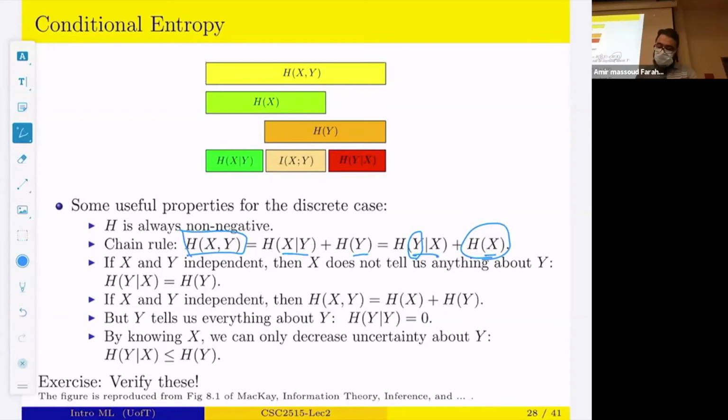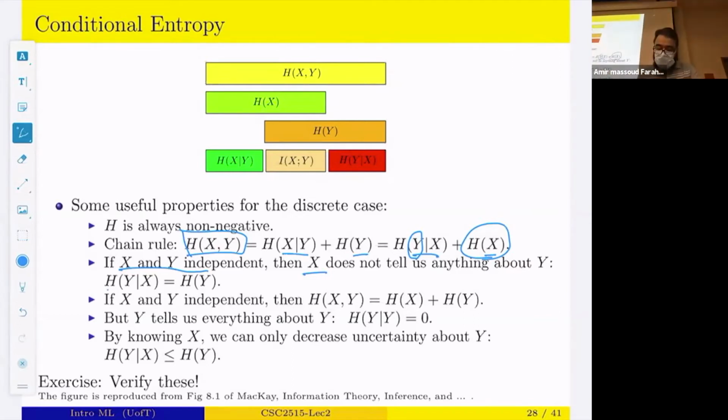The other thing is that if X and Y are two independent random variables, so they don't have any dependency on each other, then the knowledge of one of them does not give us any information about the other one.